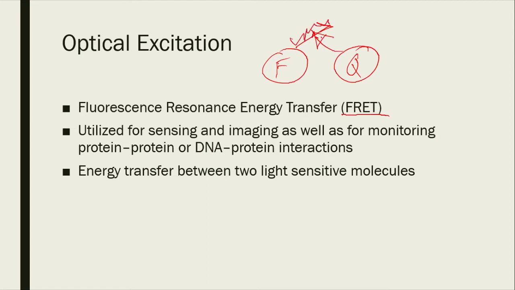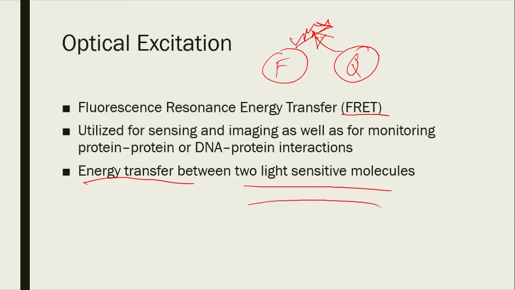So that is a quencher. This principle is related to FRET, so we'll talk about it in very brief terms. These principles are utilized to monitor protein-protein or protein-DNA interactions, and the idea is having some type of energy transfer between two light-sensitive molecules.